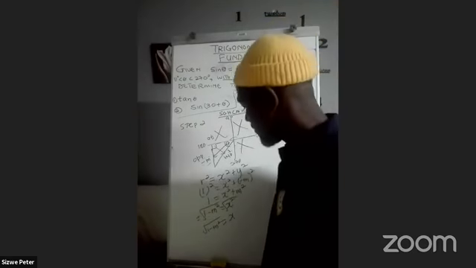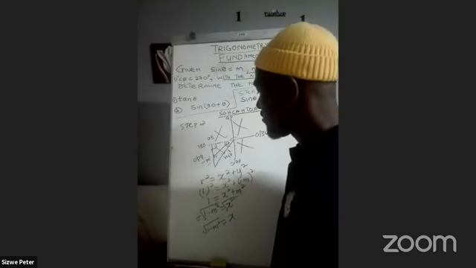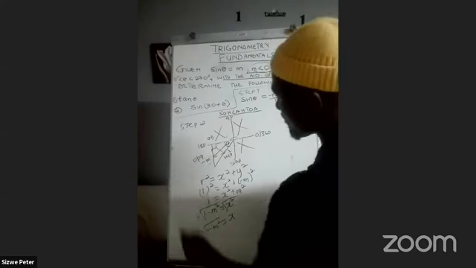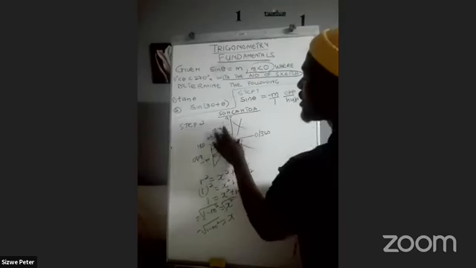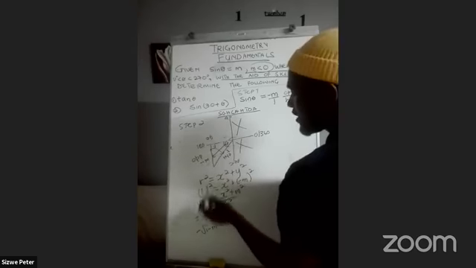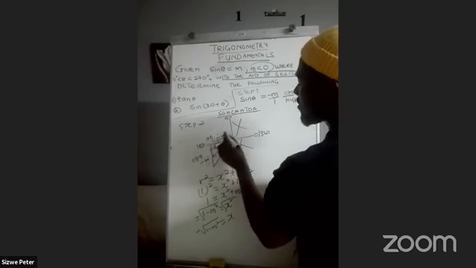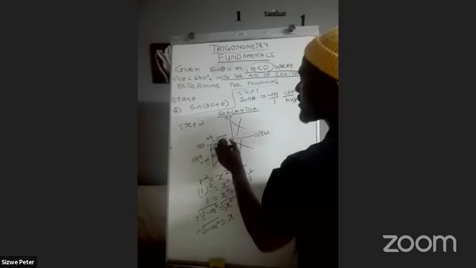Come guys, is this negative or positive? Because the value of x is what? Is it positive or negative? It's going to be negative. Now, because x is negative, you write negative square root of 1 minus m squared.